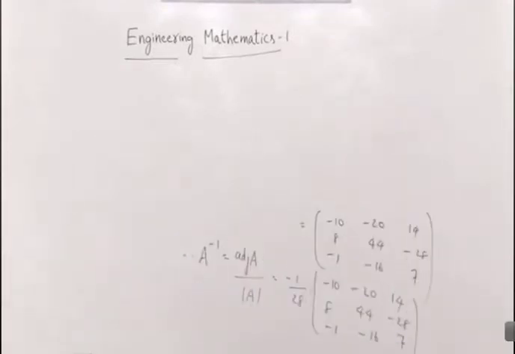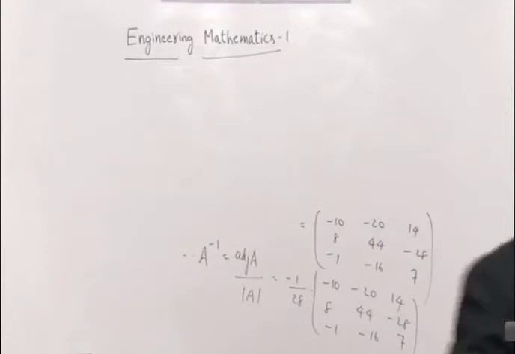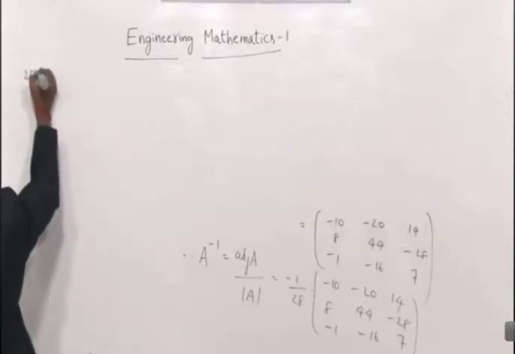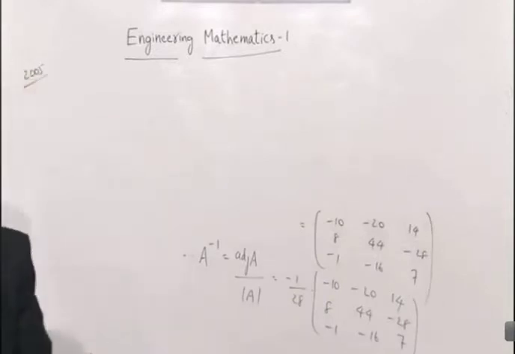So one more question I am doing, because inverse is difficult. Generally you work hard in finding A inverse. This is one more example given, which is 2005, 2 marks.